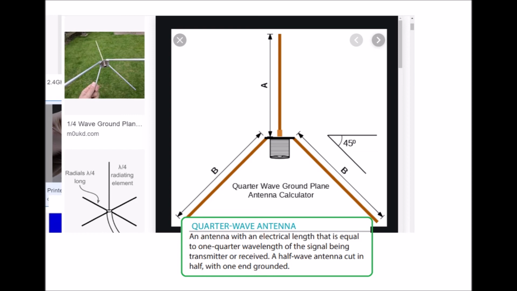A half-wave antenna cut in half with one end grounded.